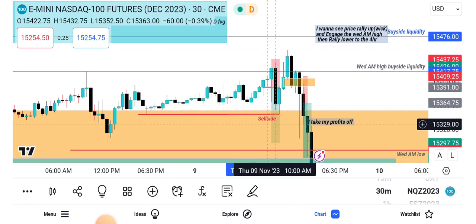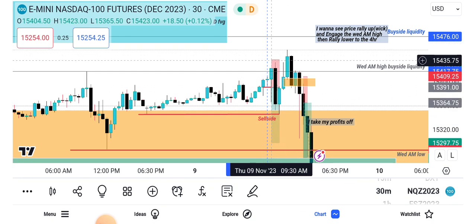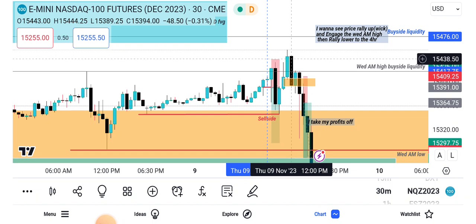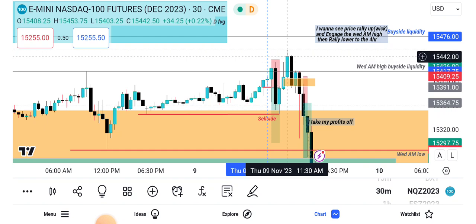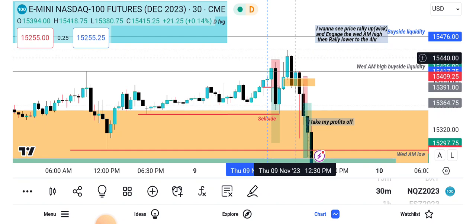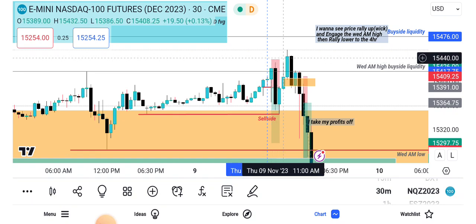Here it made a low, retraced higher to go and take this buy side liquidity. This is around noon, but these are AM session because it's at 9:30. So this high came to clear this buy side liquidity there.